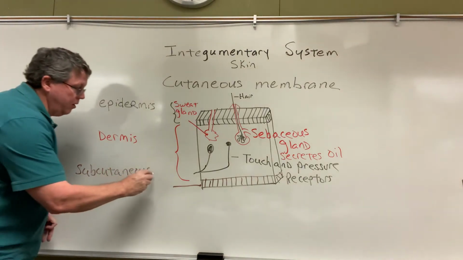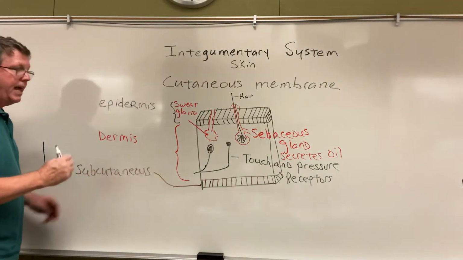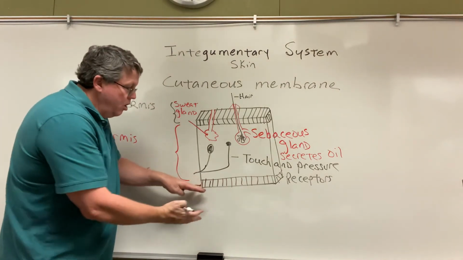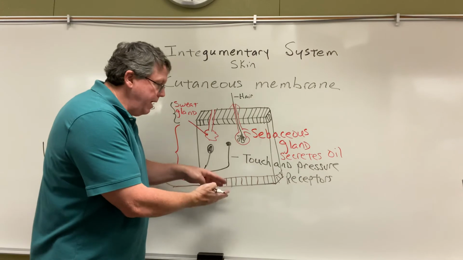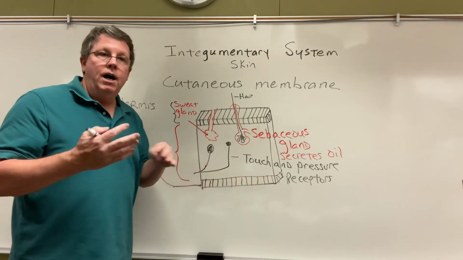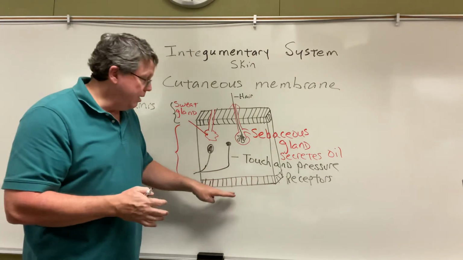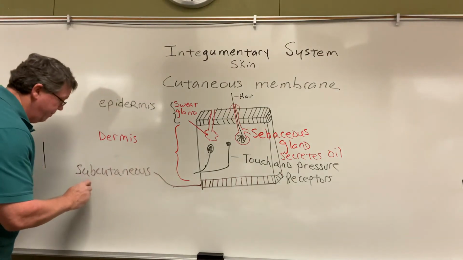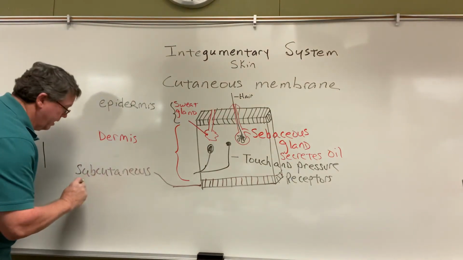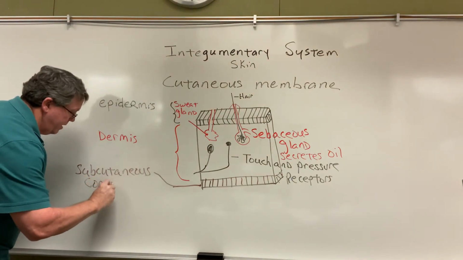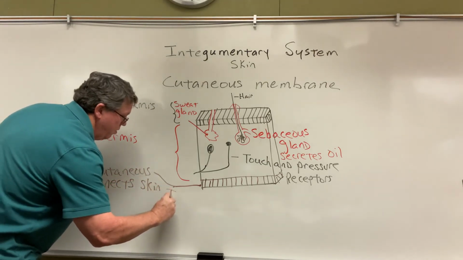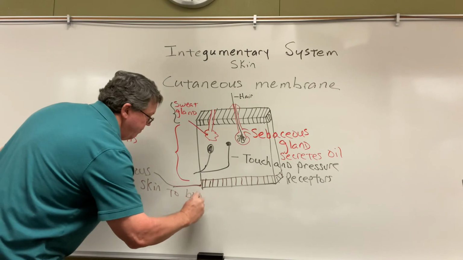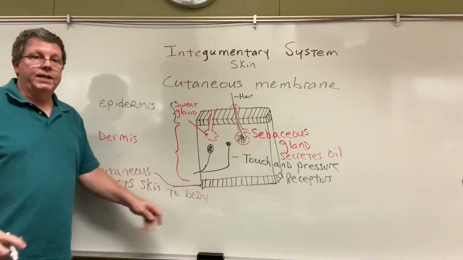And what the subcutaneous layer does is it attaches the skin to the tissues that are underneath. So therefore the body remains connected, or the skin is connected to the body. So that's what's going to happen in the subcutaneous level. Okay, connects skin to the body. Okay, and that's what that's going to do.